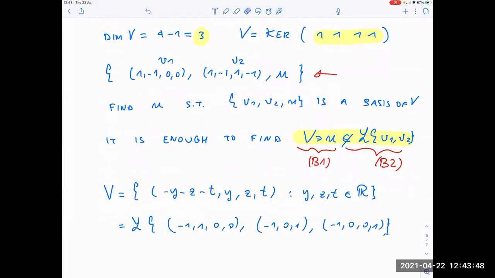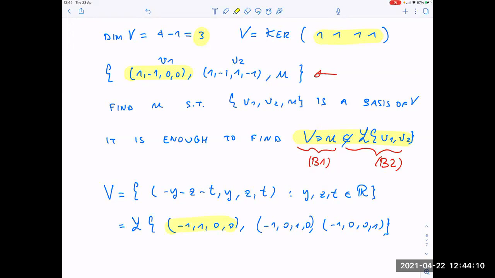And in this way, I produce a basis. Okay, so what you can see at this point is that this vector is actually V1, but V2 is not appearing in the list.